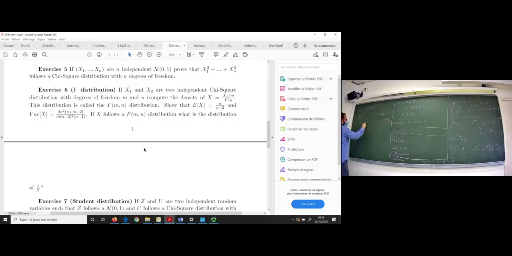So here I have a gamma n over 2, 1/2, and here I have a gamma 1/2, 1/2. What can I say about these two random variables? They are independent, because x1, x2, xn, xn plus 1 are independent.